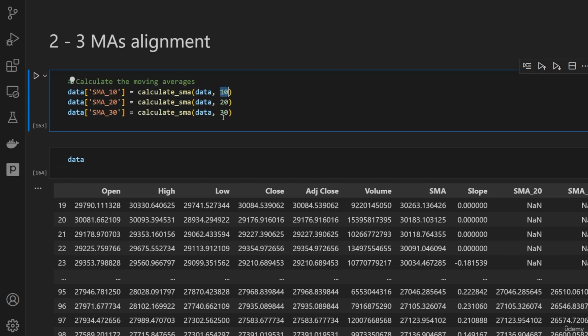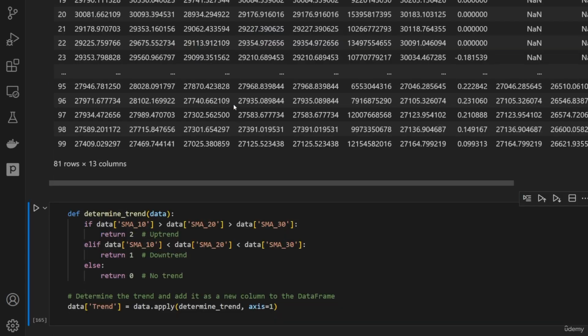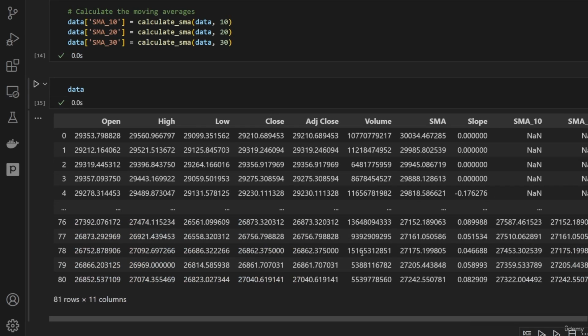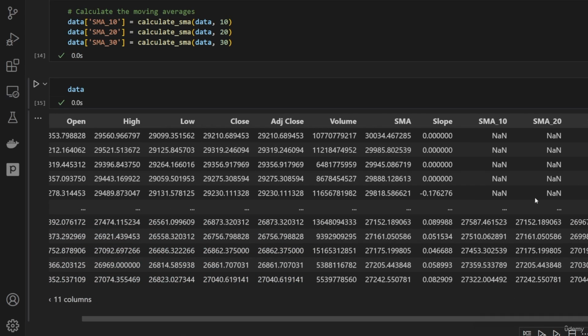So 10, 20, and 30. This is how we are adding these three new columns into our data frame. So whenever we run this, we can print the data frame and verify that we have three different moving averages through the SMA 10, SMA 20, and the SMA 30, which were concatenated to our data frame.